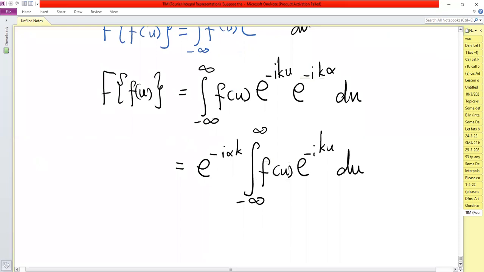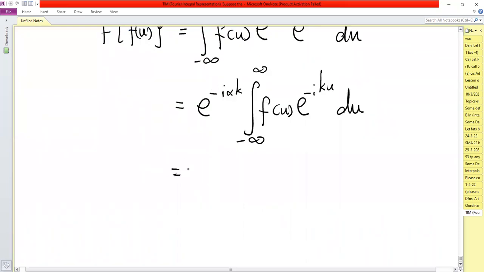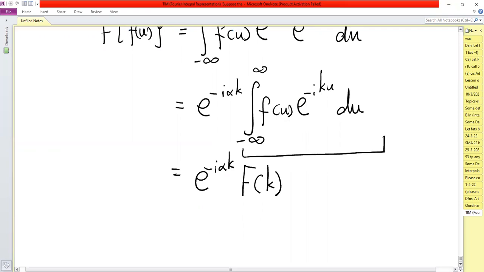You see clearly that this part is just the definition of the Fourier transform of the function.